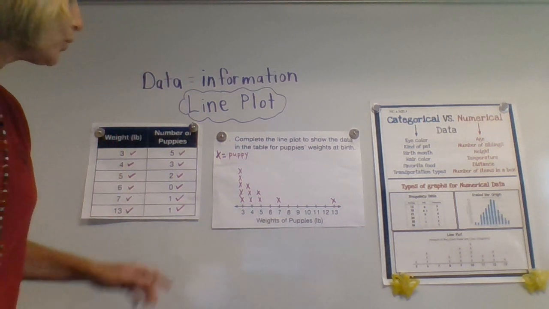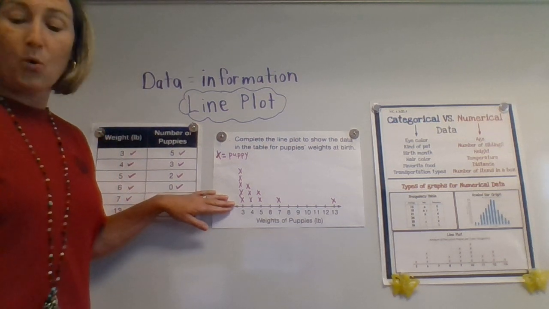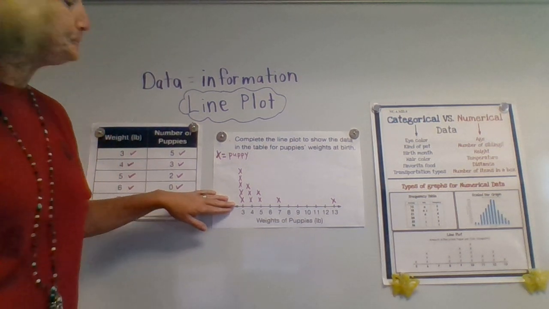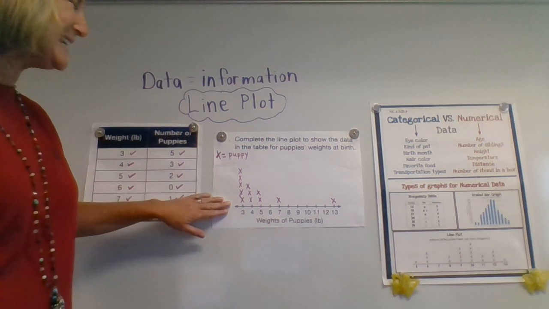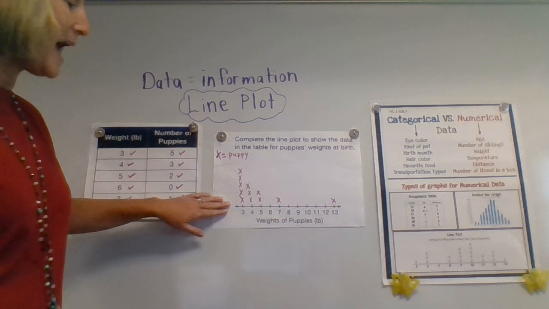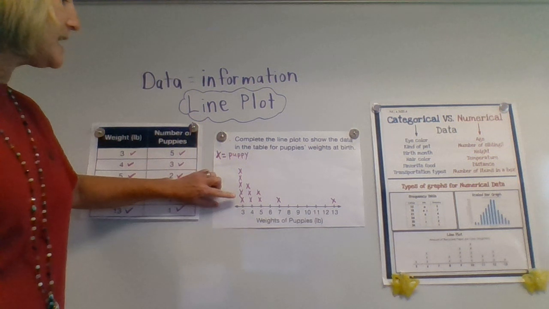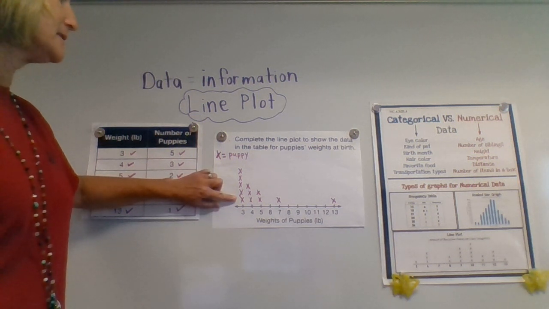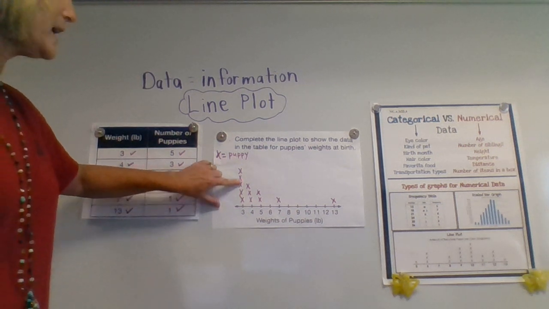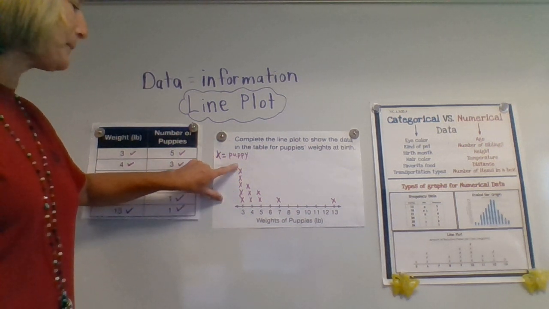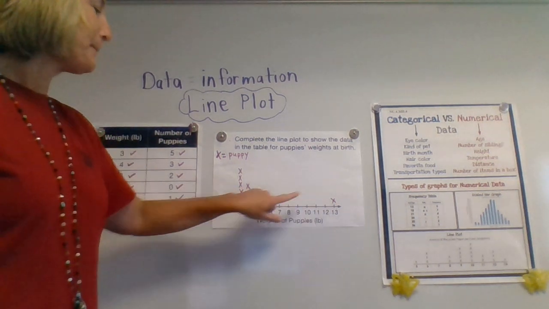Now, one other word or question you might hear with a line plot is difference. We talked about largest number and smallest number, but difference. So if we were asked the question, what is the difference in the largest number of puppies and the smallest number of puppies? Okay, so we have 5 puppies here, and 1 puppy here.